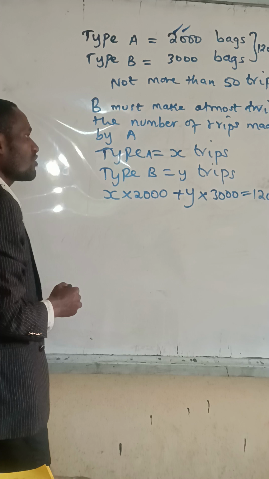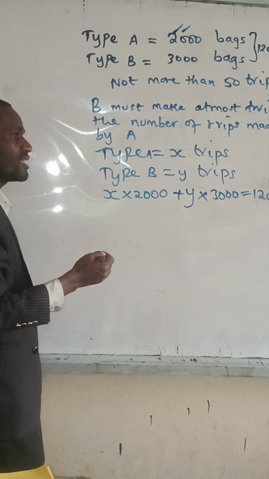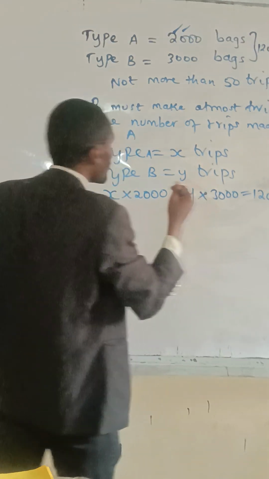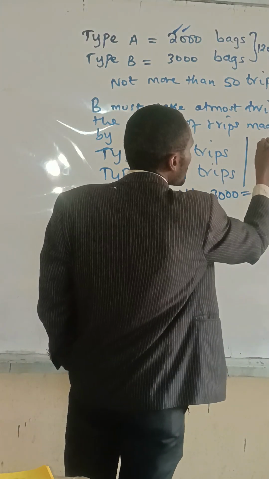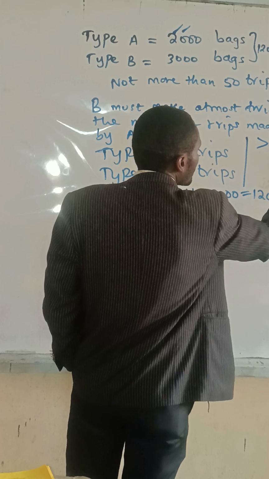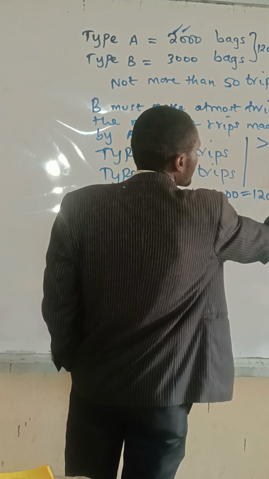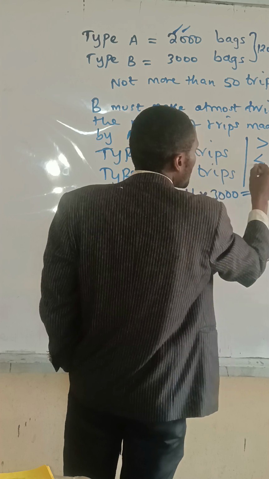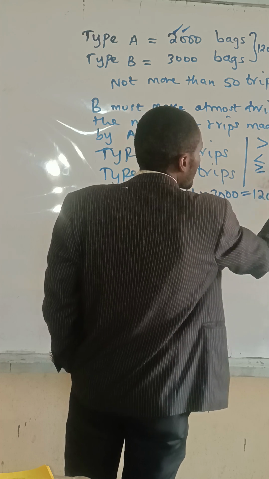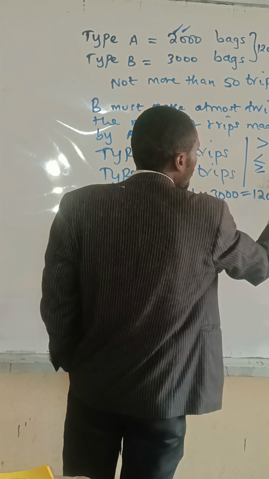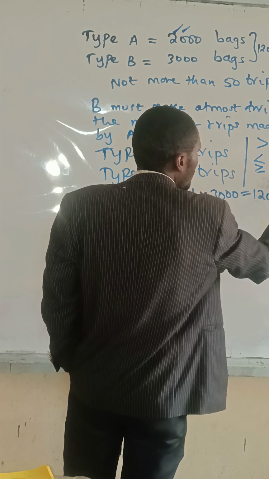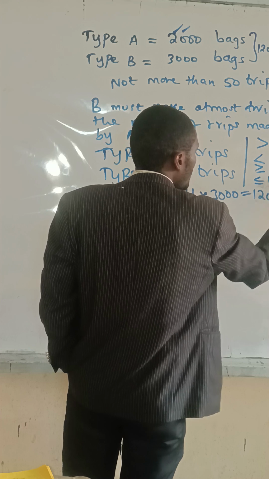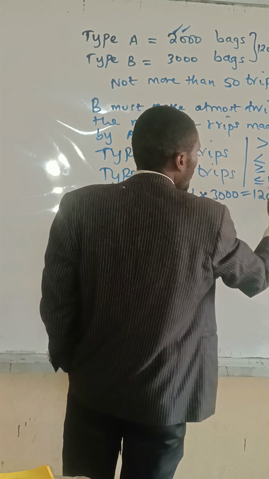So at the end of the day, they're supposed to carry either the exact number or less, but not more than that. So you should employ these inequalities: this means greater than, this means less than, this means greater than or equal to, and this means less than or equal to.